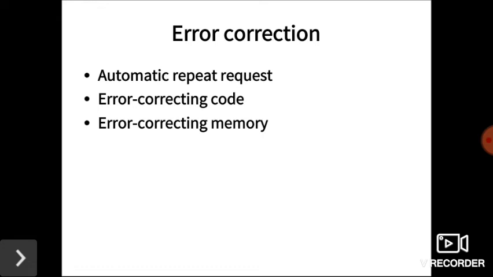Then the next one is error correction. In error correction, there is automatic repeat request, ARQ. Automatic repeat request is an error control method for data transmission which makes use of error detection codes, acknowledgement and/or negative acknowledgement messages, and timeouts to achieve reliable data transmission. An acknowledgement is a message sent by the receiver to the transmitter to indicate that it has correctly received a data frame.